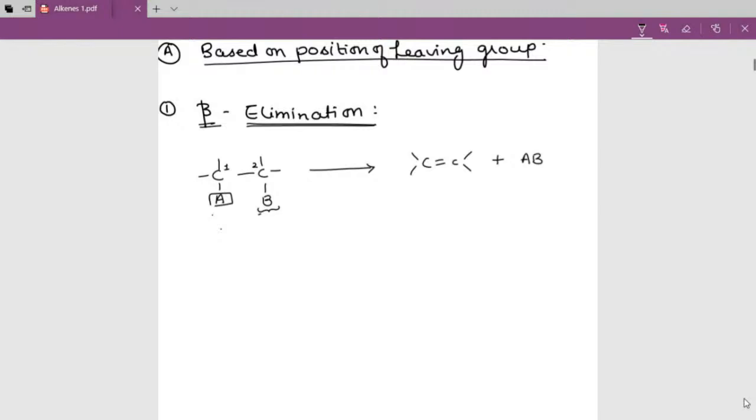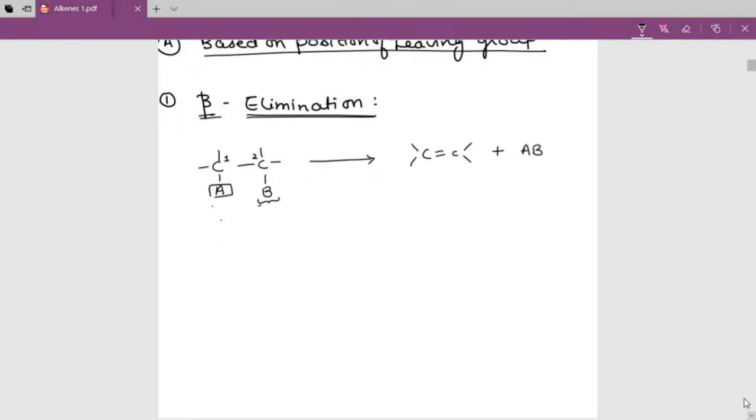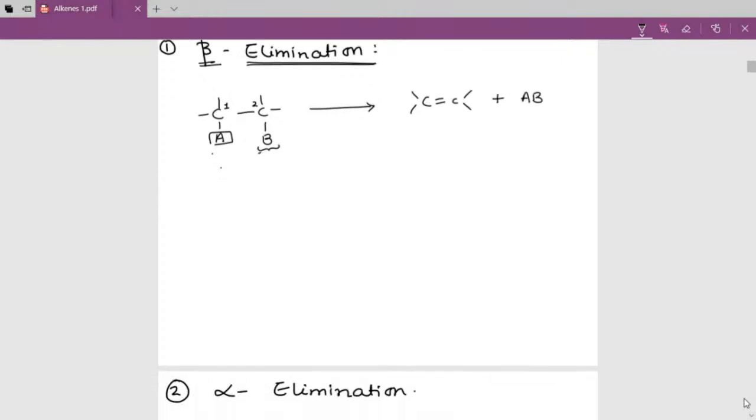When the two groups that we are removing from the substrate are placed at adjacent carbons, then it is known as beta elimination. You are very well versed with this type of elimination, I can say, because in NCERT you might have come across this as the most common. Let me exemplify: dehydration of alcohol.